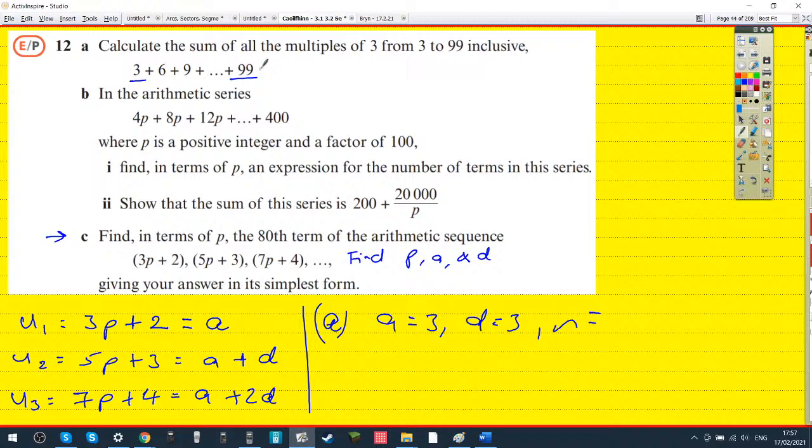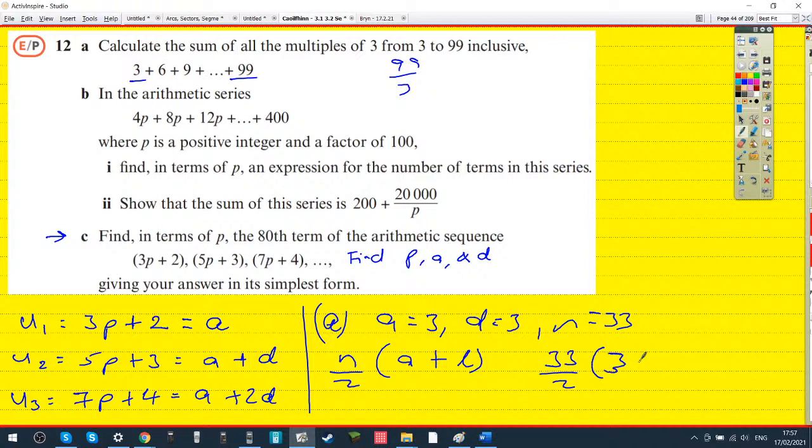Because D is 3. Yeah, 99 over 3. And so sum of that. The sum of 33. The sum of this sequence. So okay. 33 over 2 brackets 3 plus.